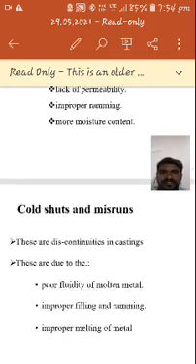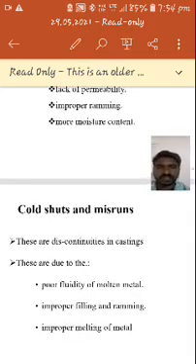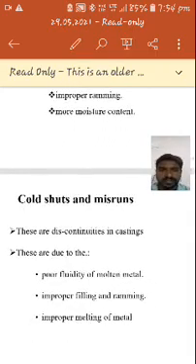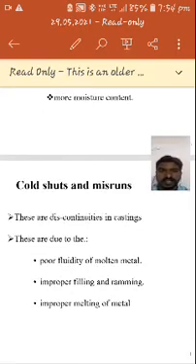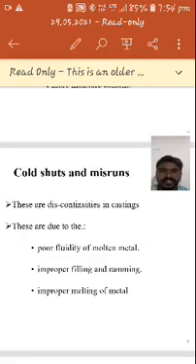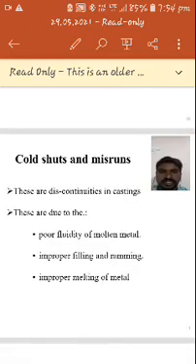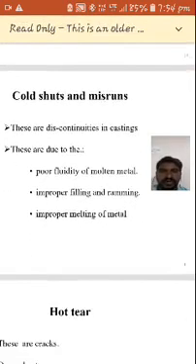The next one is cold shuts and misruns. These are discontinuities in castings. They are due to poor fluidity of molten metal, improper filling and ramming, and improper melting of metals.